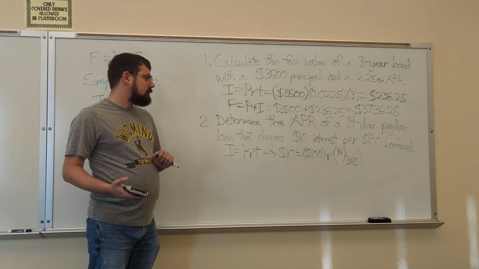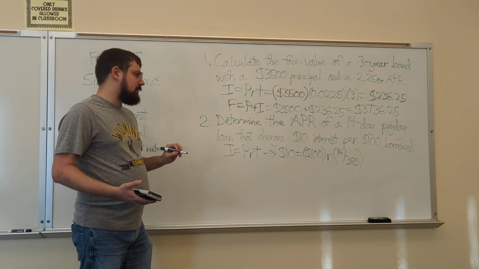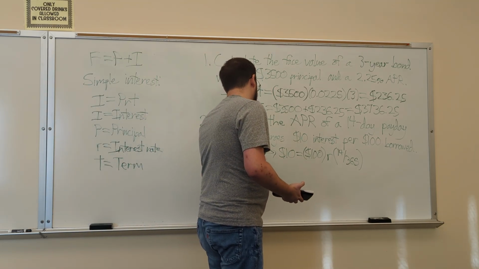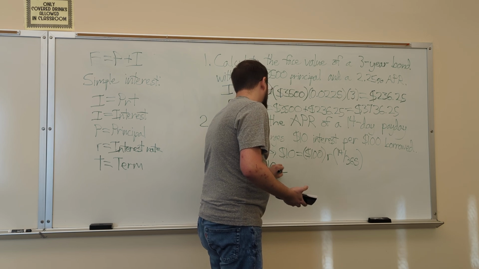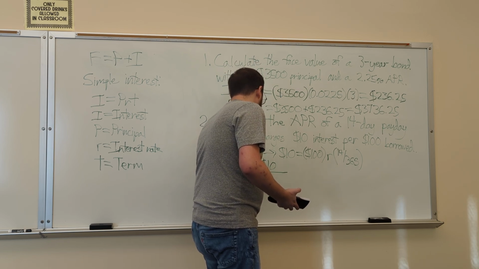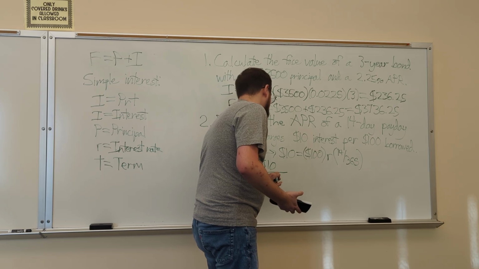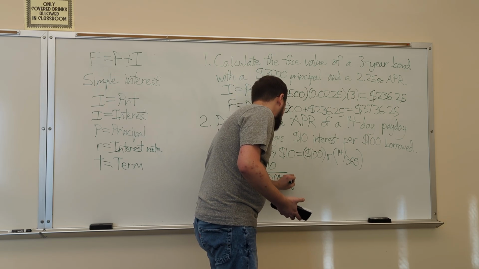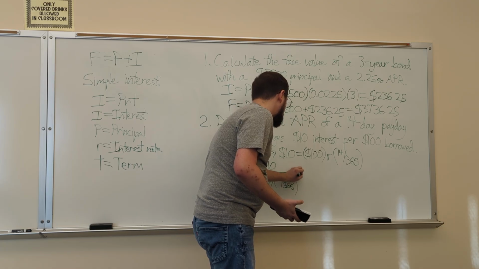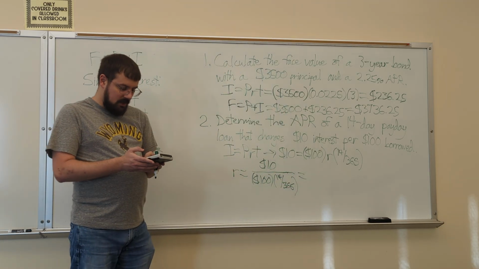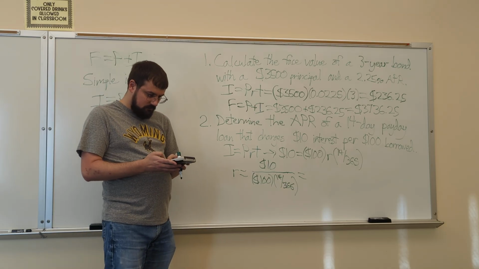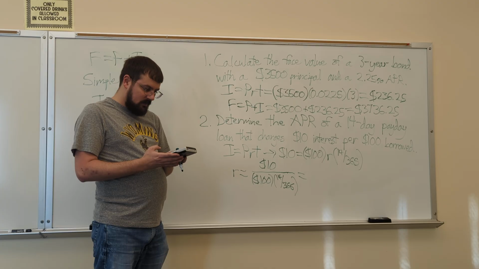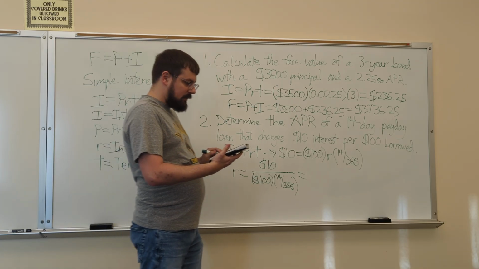So if we rearrange this to solve for R, then we get R is 10 over 100 times 14 over 365 down here in the bottom. And what this works out to be is 2.607.